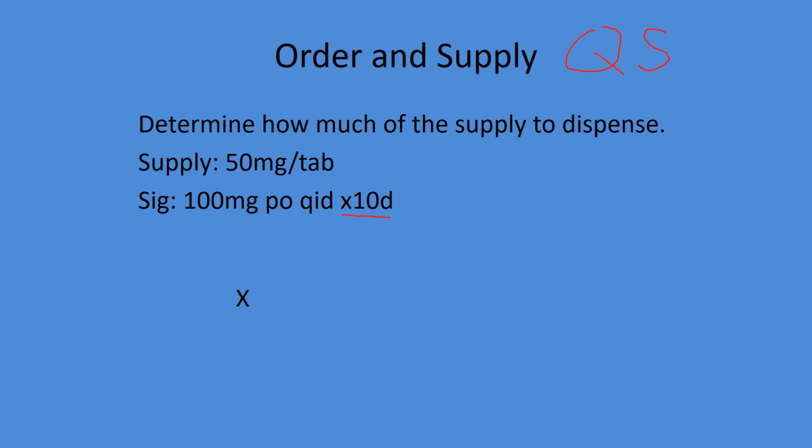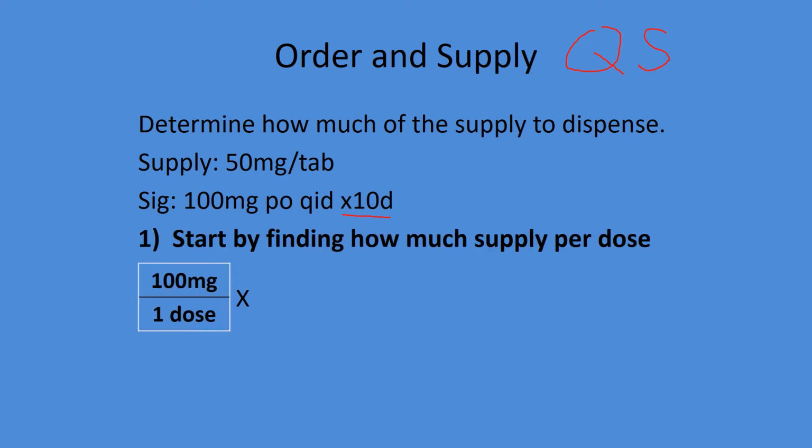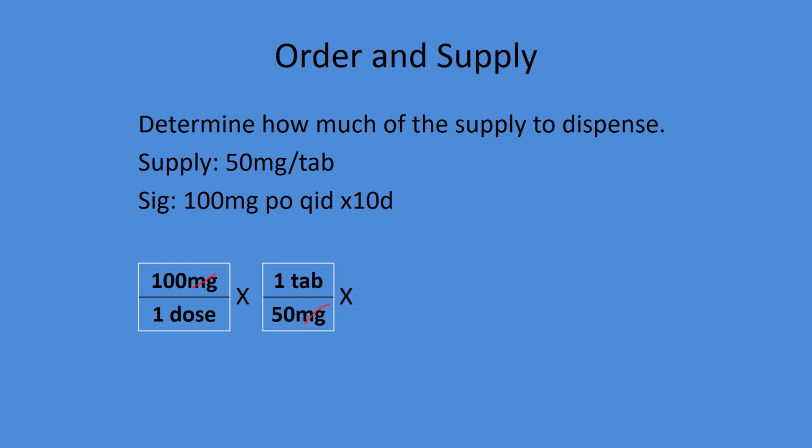So the first thing you want to do is to figure out how much of the supply per dose you will need. So we need 100 milligrams per dose, and our supply comes 1 tablet per 50 milligrams. All right, next step, we're going to multiply by the number of doses in a day. In this case, 4.